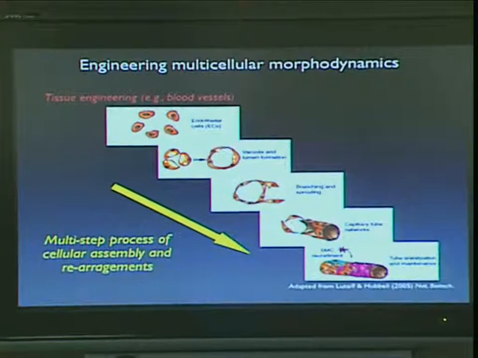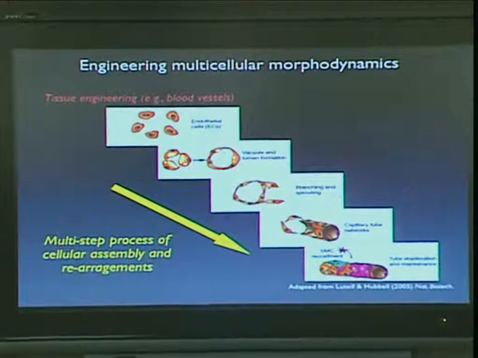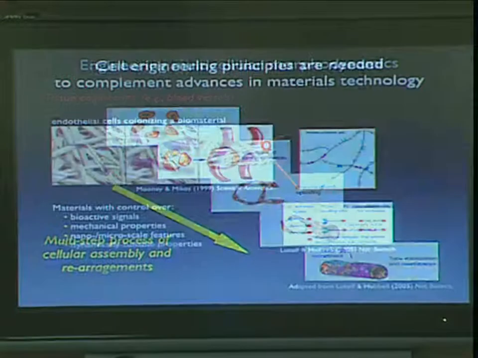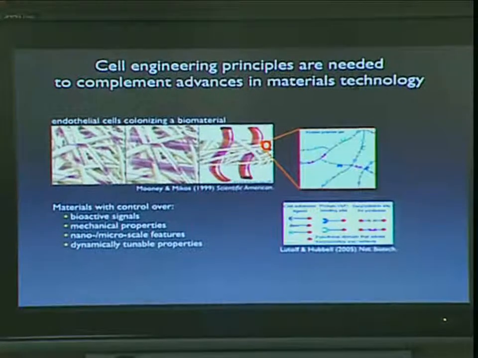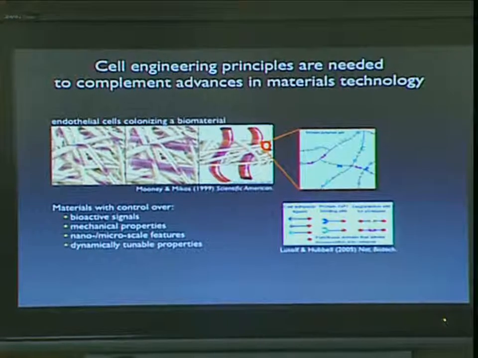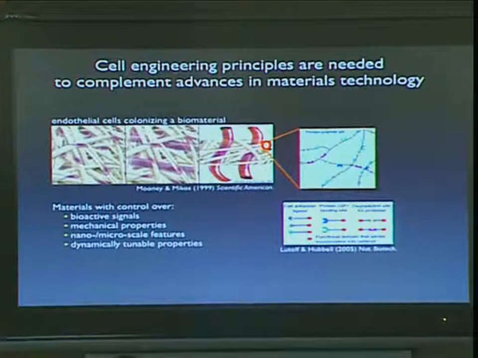Now, if we want to execute these kinds of steps and produce tissues in engineering examples, one needs a scaffold around which cells would organize, and there's tremendous advances currently in the area of biocompatible materials that would house the engineering of tissues.